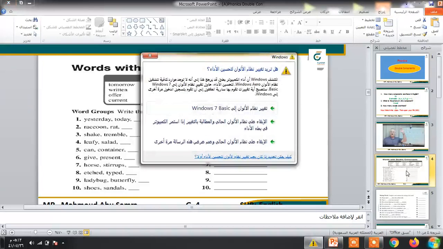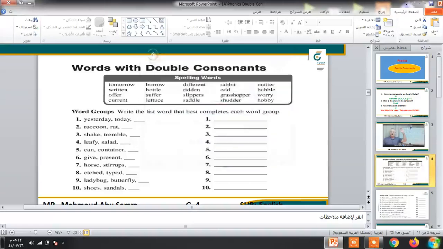Saddle, you know the saddle? Saddle means something which is put on the horse for riders. Rabbit, odd. Odd, you know odd? Strange or different. Grasshopper, shudder.